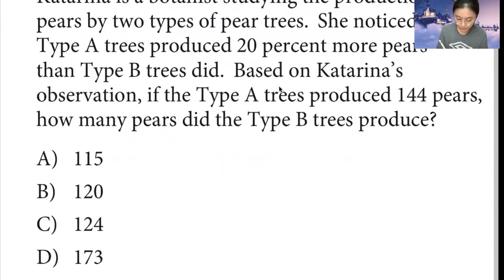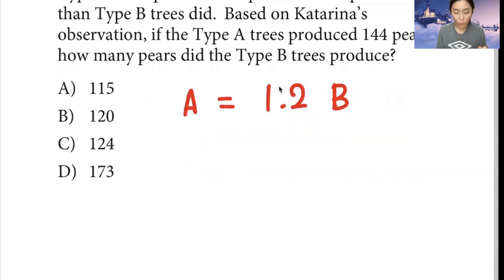Type A trees, so let's just call it A, produced 20% more pears than type B trees did. So we need to multiply the type B trees and add 20% more. So that's going to be 1.2. Why?